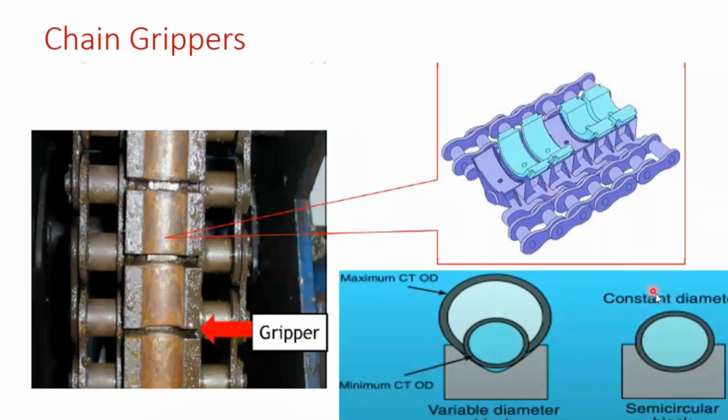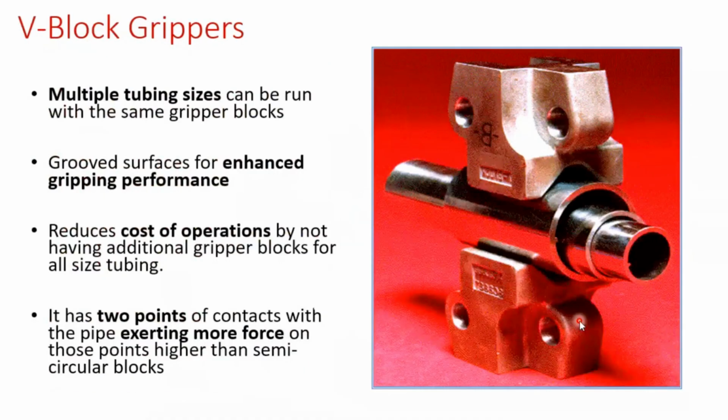In the semicircular block, the force is divided over the whole section of the pipe. But the V block has the advantage of accommodating different sizes, so it saves time and operating cost, as I don't need to dismantle the chains and change the gripper blocks if I want to change my coil tubing size.